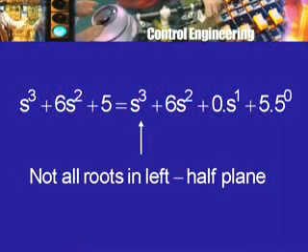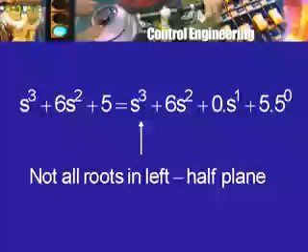For example, here is a simple polynomial s cube plus 6s square plus 5. What is the degree of this polynomial? 3, because the highest power of s is of degree 3, s cube. Now this is a polynomial in which one of the coefficients is missing, or the coefficient of that power of s is 0. Which power? The first power.